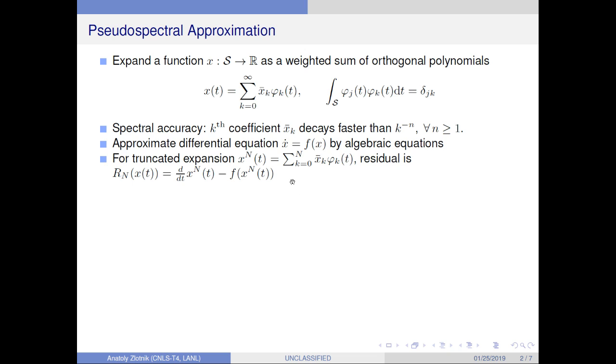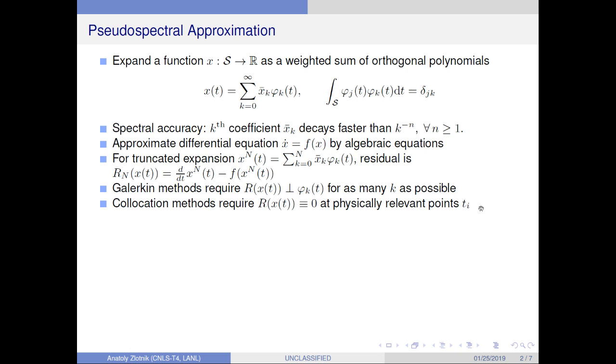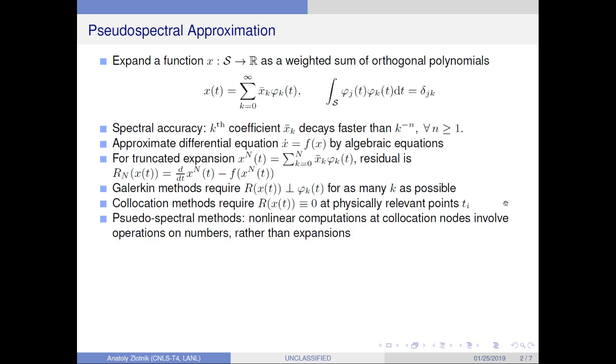So for a truncated expansion, the residual is given as the derivative of the nth order approximation minus the function evaluated at this approximation. Galerkin methods require that the residual be orthogonal to as many of the basis functions as possible. Collocation methods require that the residual be actually zero at physically relevant points t_i.